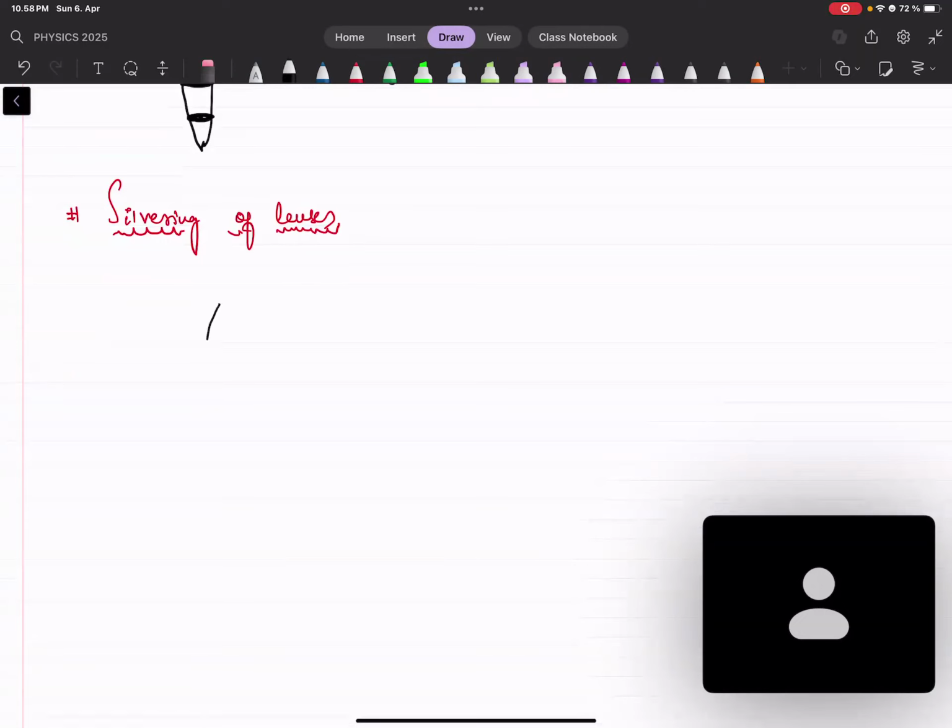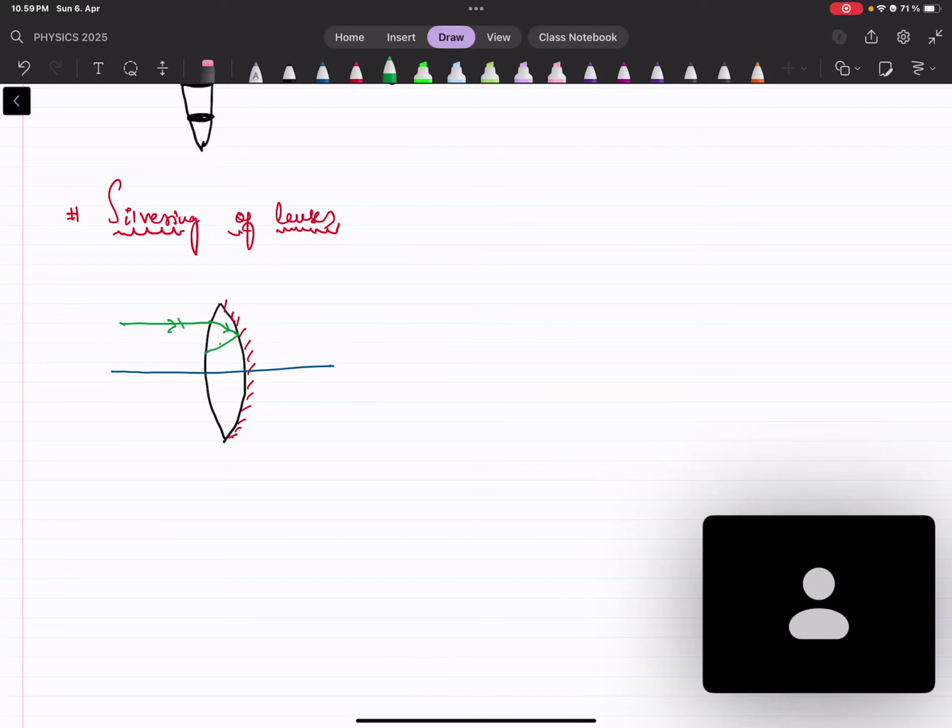Now say for example, this is your convex lens, and if it is silvered on the outer side, the outer surface will act as a mirror. If a ray of light is incident on this one like this, it undergoes refraction, is incident on this surface, and from here it will reflect back.